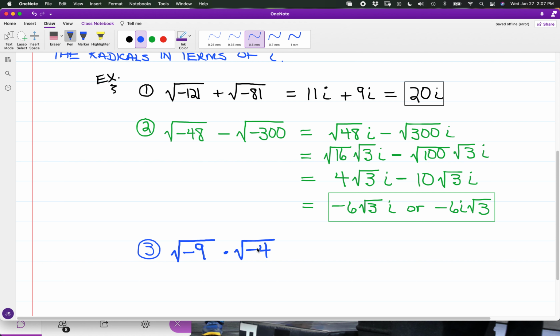of negative 4. Again, if I express the radicals in terms of i, I'm just going to take this out a little bit further. So you have the square root of 9 times i, and with the square root of negative 4, I have the square root of 4 times i.